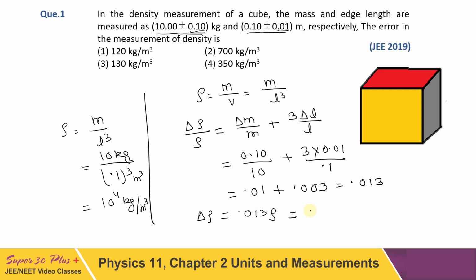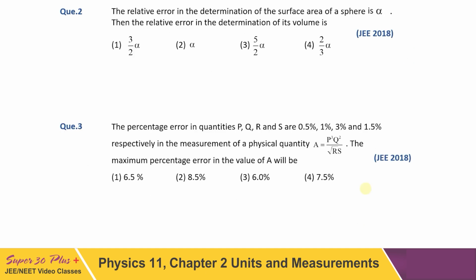It is 0.013 into 10 to the power 4, which is equal to 130 kg per meter cube. The correct option is third. This question, as you can see, had come in JEE 2090, but none of the options was correct, and this is the correct option. Now move to question number 2.